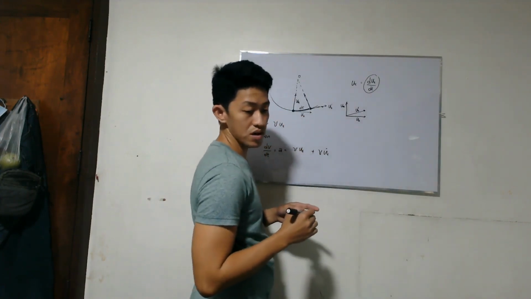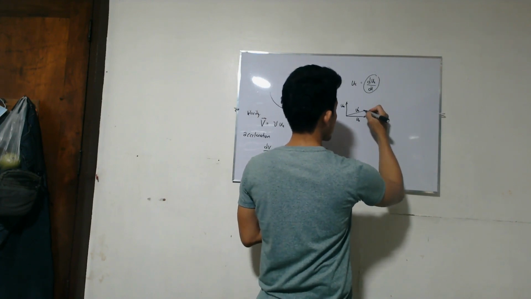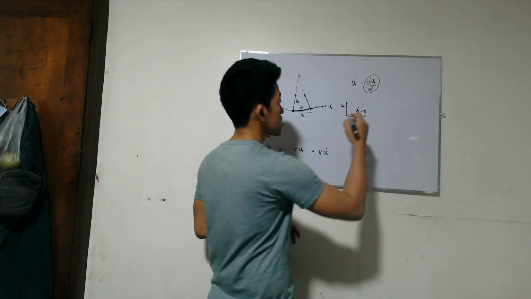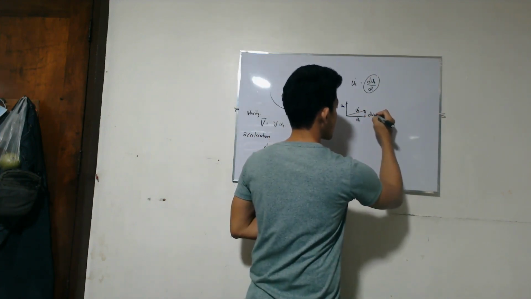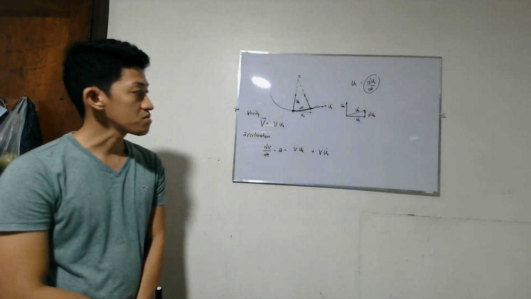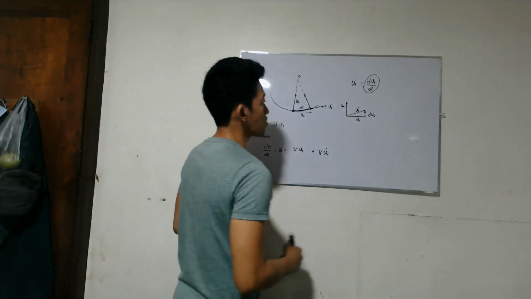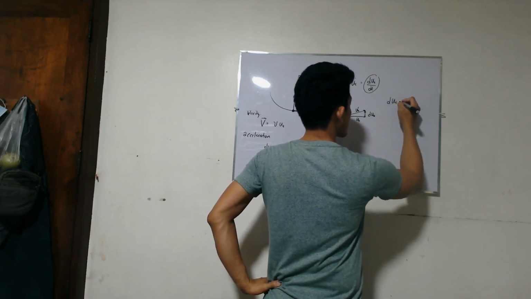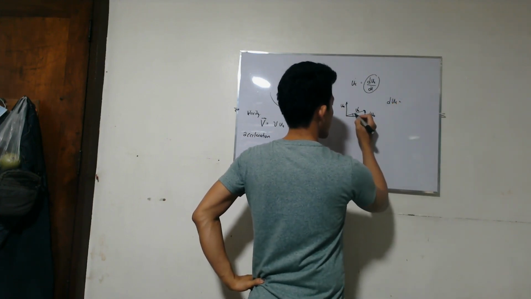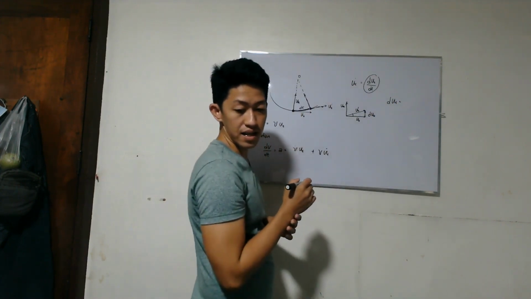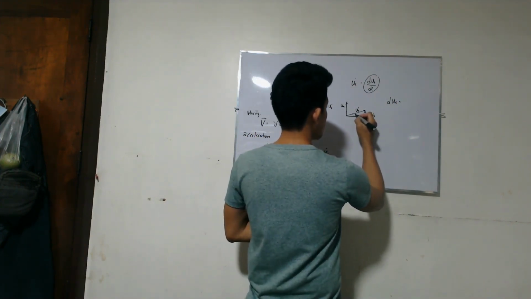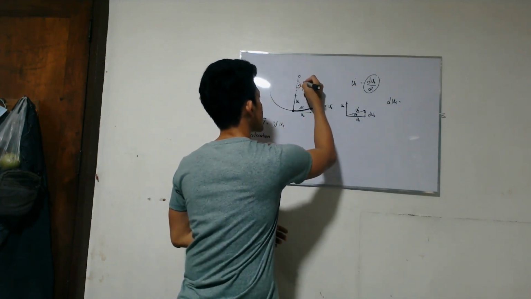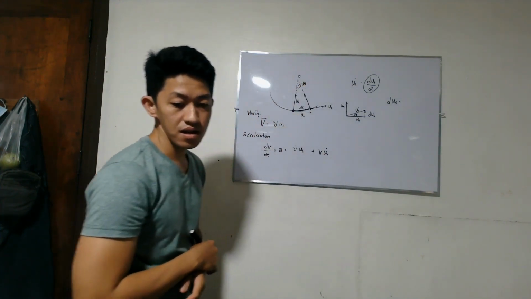The change here is the change of u sub t. So the value of du sub t is based on the angle here. The angle here is just d theta, the same way here, d theta.